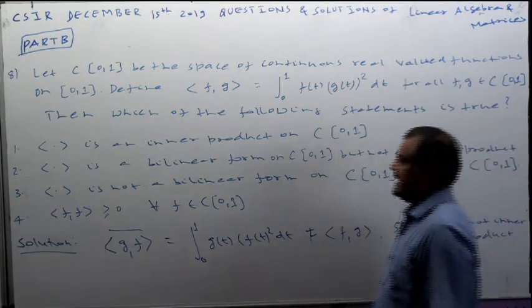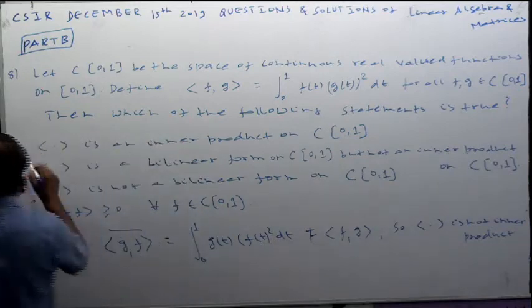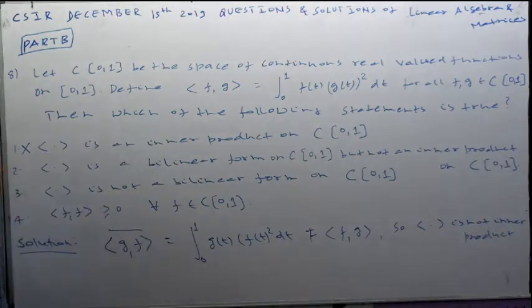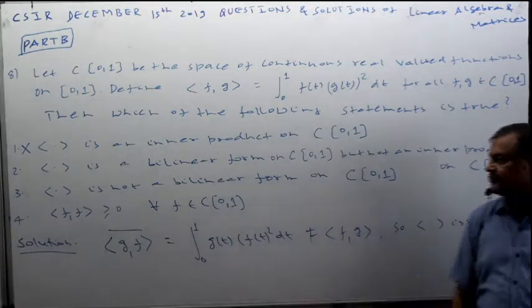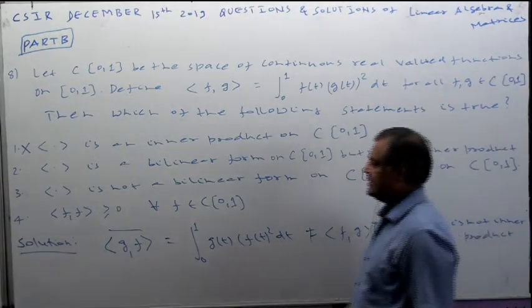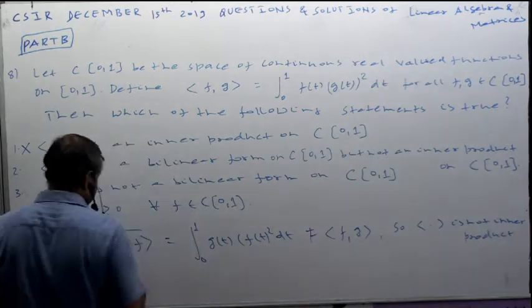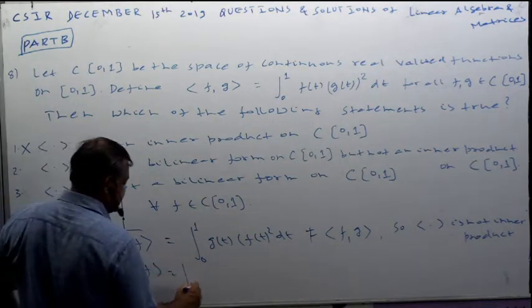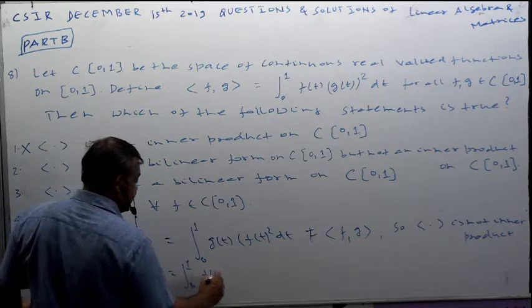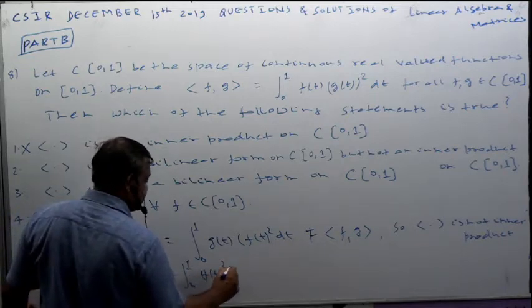So this is an inner product, first option gone. Fine. One option is also that ⟨f, f⟩ is greater than or equal to 0. If you want to see, you can see. What is ⟨f, f⟩? That is integral 0 to 1 f(t) whole cube dt.